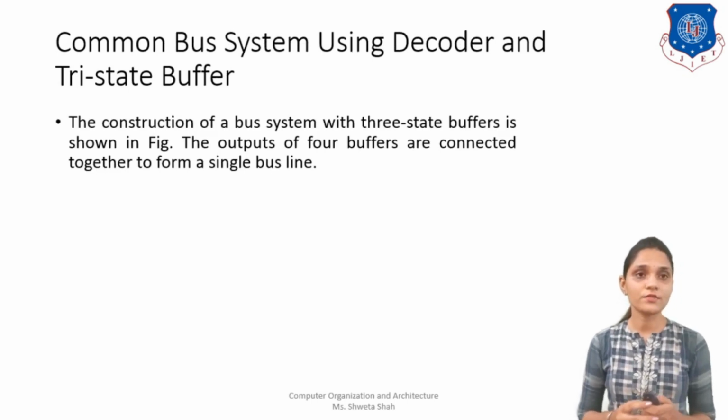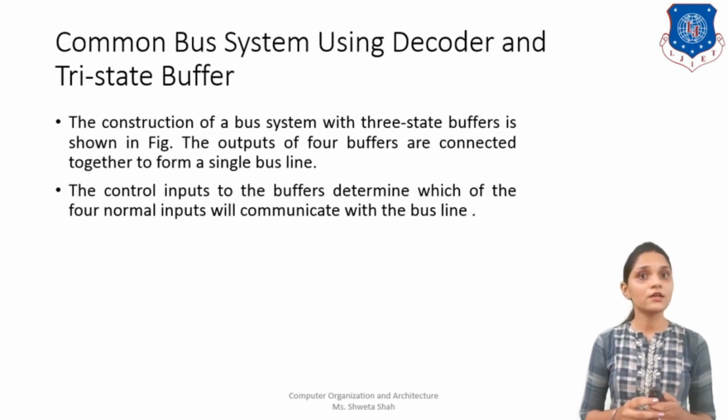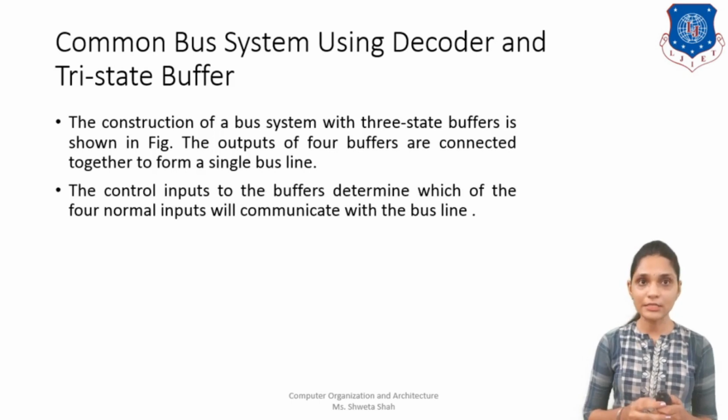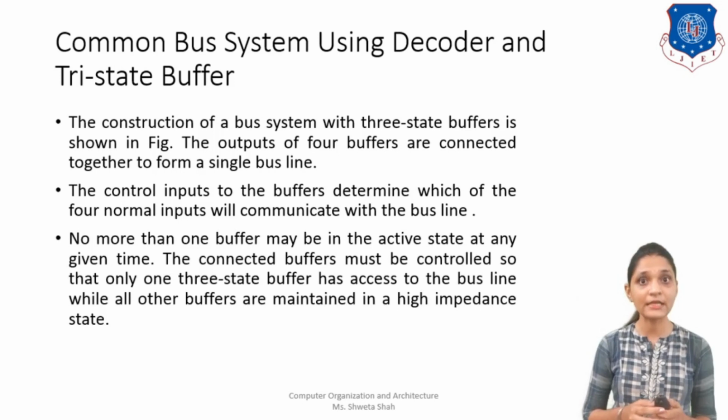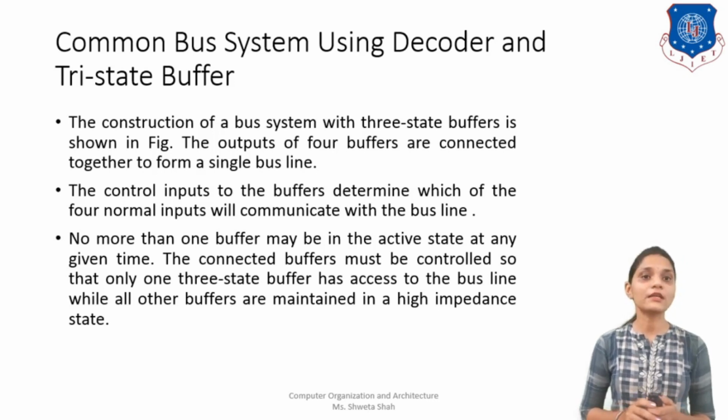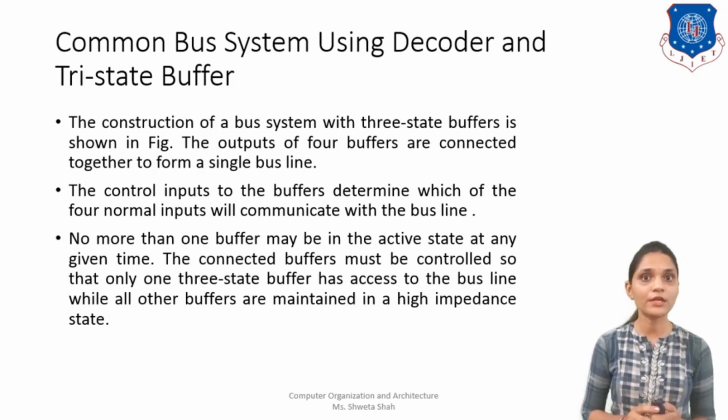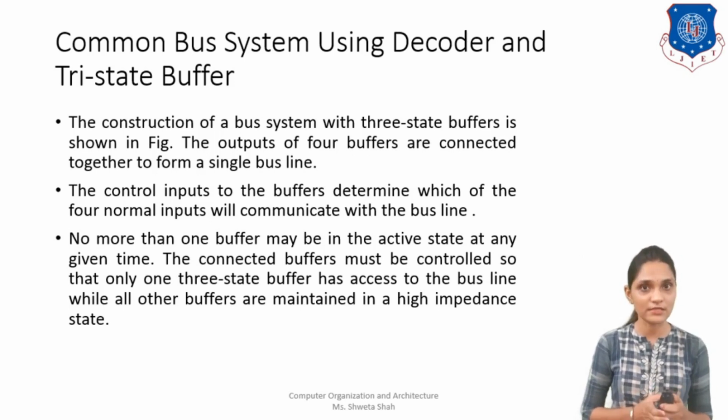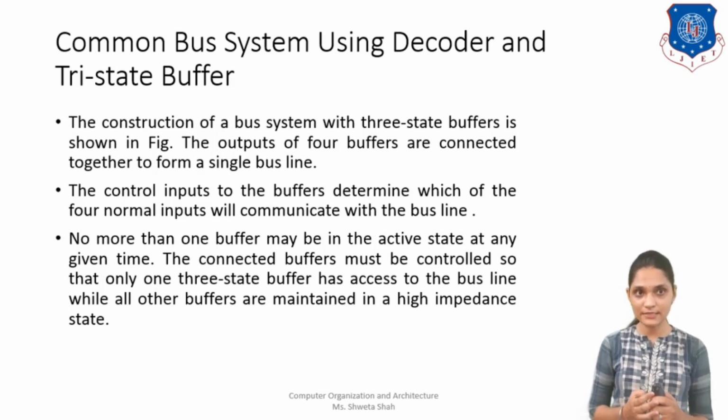As we have seen in the figure, the control input to the buffer will determine which of the 4 normal inputs will communicate with the bus line. No more than 1 buffer may be in the active state at any given time. The buffers must be controlled so that only one of these tri-state buffers has access to the bus line, while all other buffers are maintained in the high impedance state.